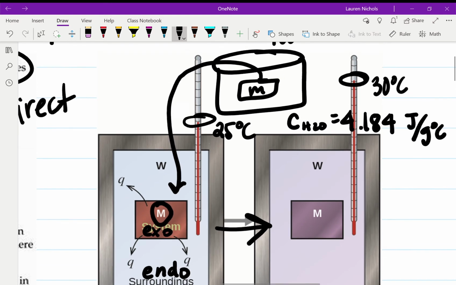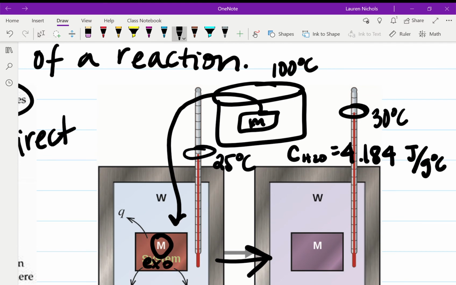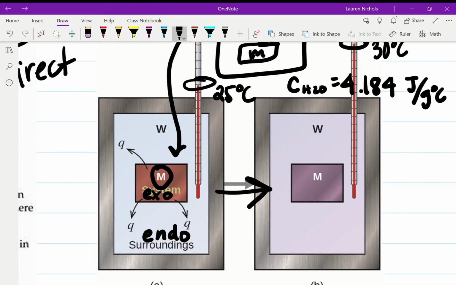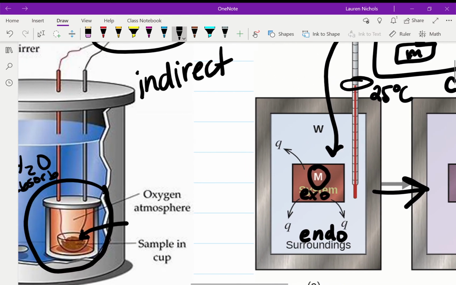So even though the metal is initially at 100 degrees and we add it in, and that's really hot compared to 25 degrees Celsius, it's not going to change the water's temperature by that same amount, simply because it takes a lot more energy than that to move water's temperature by 1 degree, whereas metal has a very low specific heat, so it's kind of different in that way.